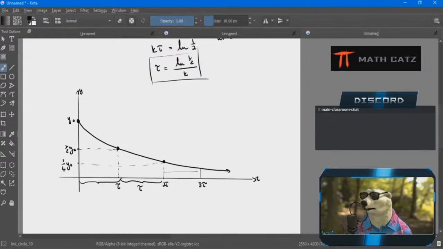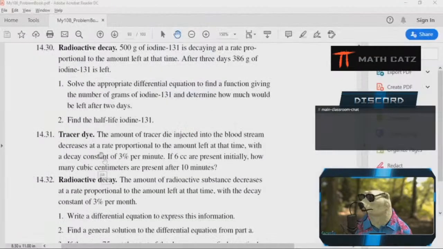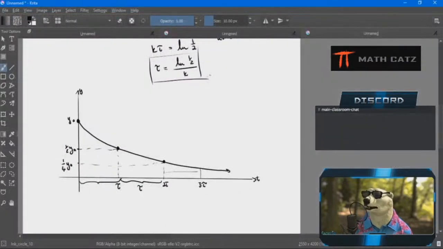So let's see that last bit of the question. Find the half-life of iodine 131. Now you see here in our example, we can now continue this for our radioactive substance. It'll be log of a half over our negative 0.086 and so on. So let's calculate that.